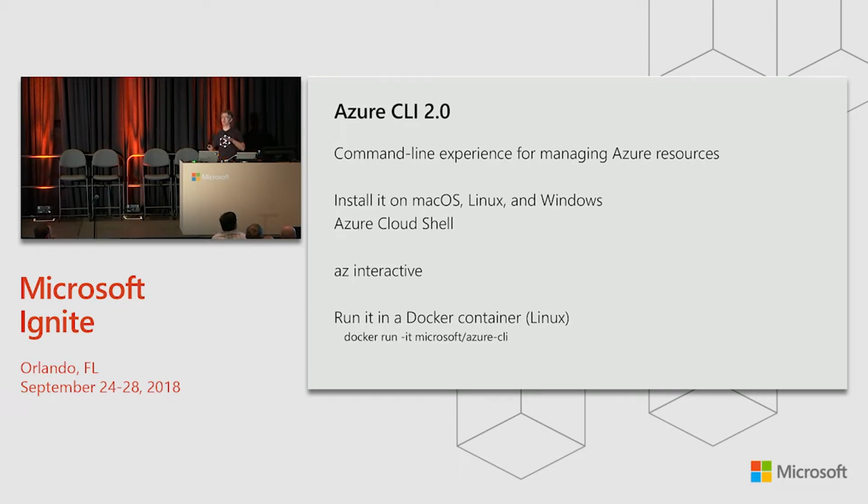If you're very new to Azure CLI, the best way to learn about it is to run the az interactive command, which will put you in interactive mode with lots of help, tooltips, and IntelliSense, so that you can more easily learn how to work with it, because the syntax is a little bit different if you're coming from a PowerShell background. You can also run Azure CLI in a Docker container.